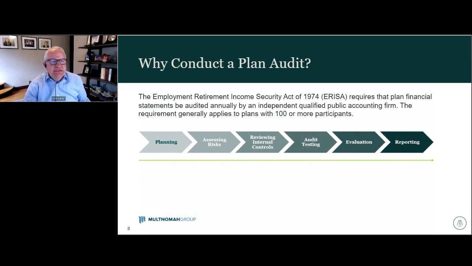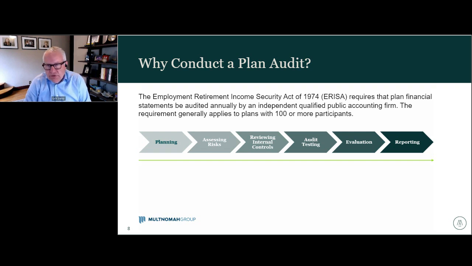You are supported in most cases as a large plan sponsor subject to ERISA by an outside plan audit. Retirement plans that have more than 100 participants and are subject to the Employee Retirement Income Security Act are required to have their plans audited from a financial operations perspective. And a big portion of what auditors are looking for is, are there risks associated with the operation of the plan? They assess those risks.